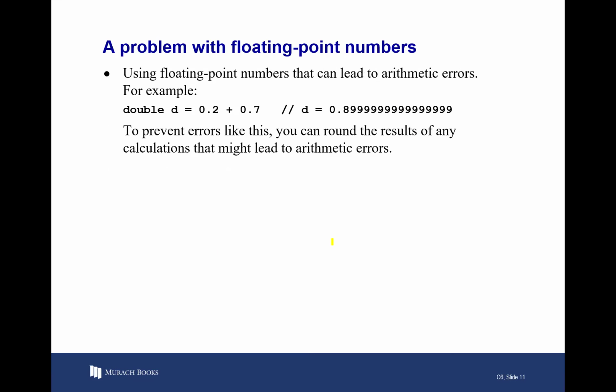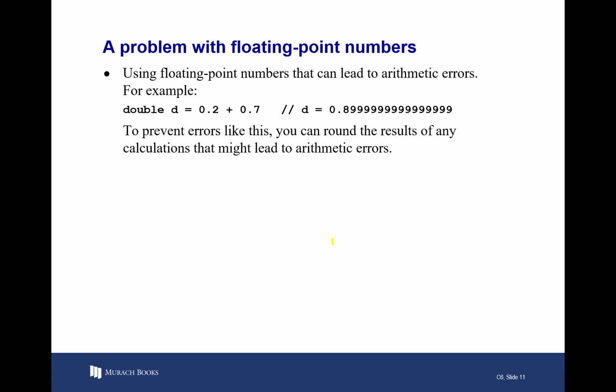There could be a problem with floating point numbers when you are creating certain variables and adding them. So for instance, in this case, when you are initializing double d equals 0.2 plus 0.7, just by adding it, it should be 0.9, but Java considers the numbers in the form of bit values, and that is the reason it will give you an output of 0.899, which is approximately equal to 0.9, but Java does produce this kind of output.